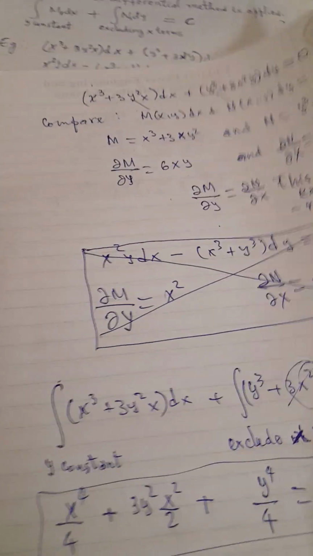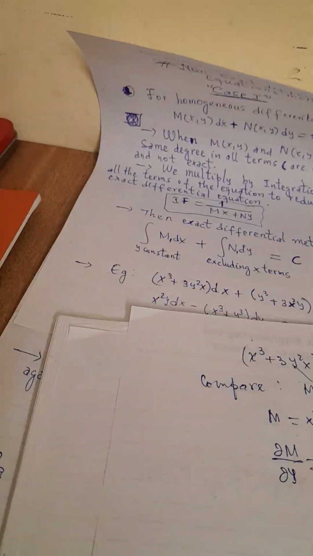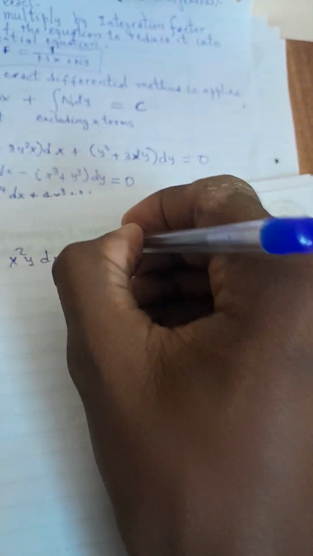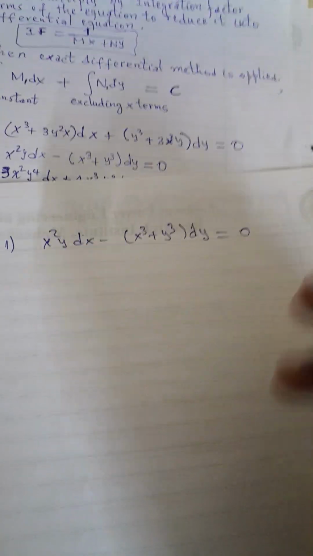Nice. Now let us jump to a different case, a case in which we can apply the concept of case number 1, that is a homogeneous differential equation that is not exact. Suppose we have x squared y dx minus x cubed plus y cubed dy equal to 0.